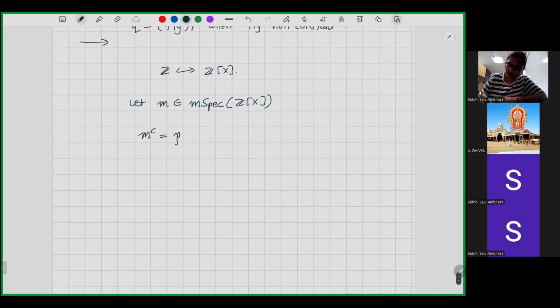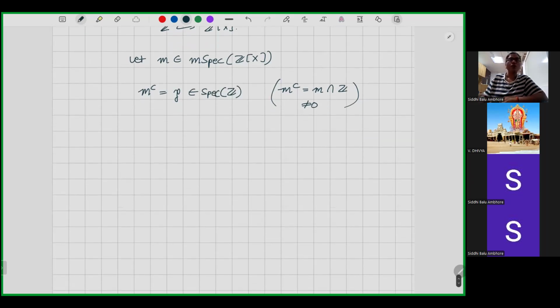Then the M contraction, which is M intersection Z, which is non-zero, will be some prime ideal P in Spec Z. So M contraction is actually some prime number P.